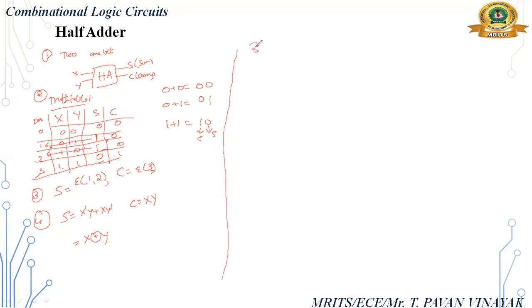What is the fifth step? Draw the logic circuit. Two ways you can write. I am drawing this one: X, Y into an XOR gate, which gives the sum, and XY into an AND gate, which gives the carry.